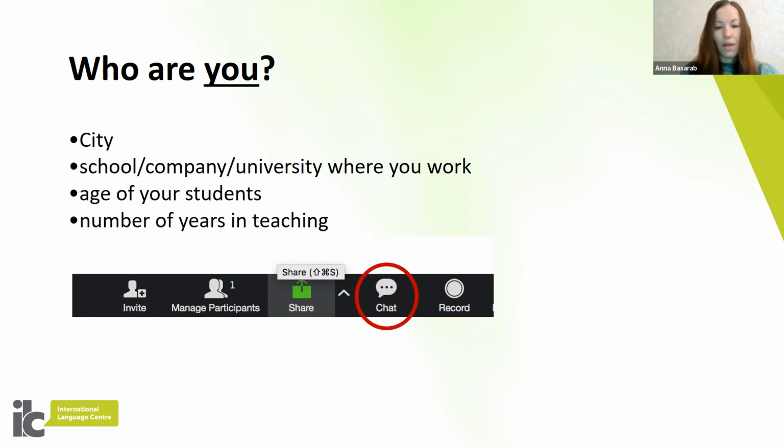Okay, and oh, that's the hardest, years in teaching. Okay, so that's about me. Could you take a moment or two and do the same, please?